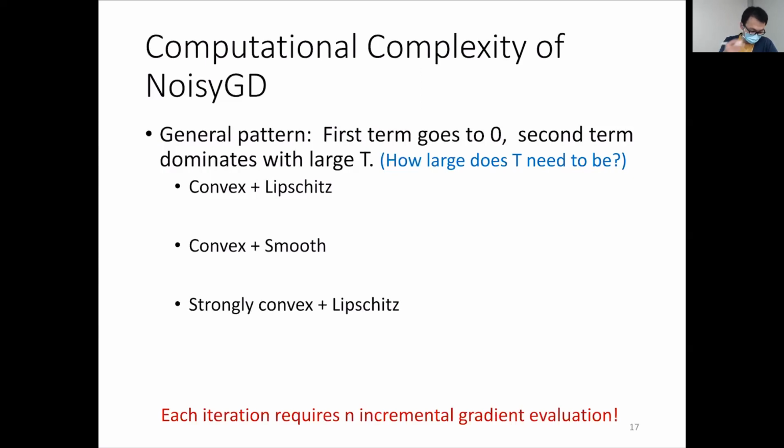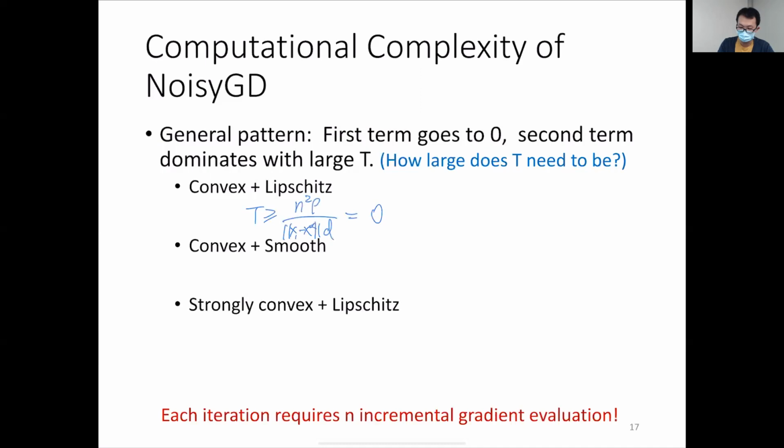So for the convex and Lipschitz case, the weakest assumptions, we need t to be larger than n squared rho times the distance between x1 and x star, over d.